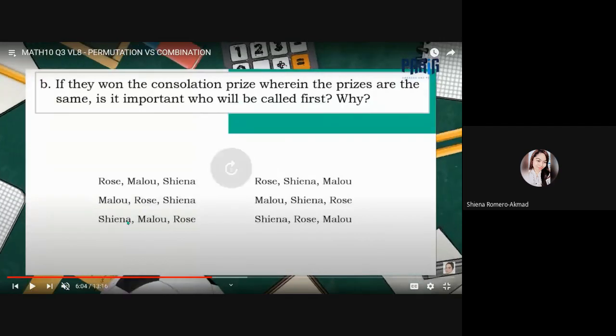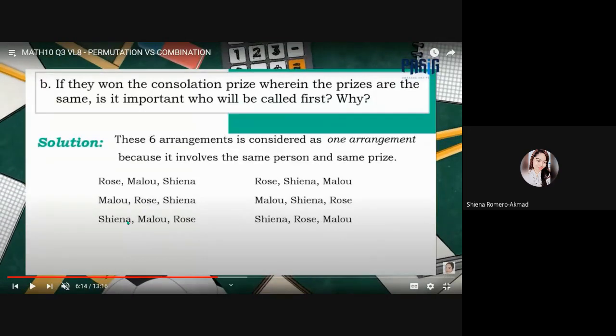So if you are going to look at this, the 6 arrangements now is considered as one arrangement. It doesn't matter kung si Rose ang mauna, si Malu, or si Sheena. As long as lahat sila are called for the consolation prize. Okay?